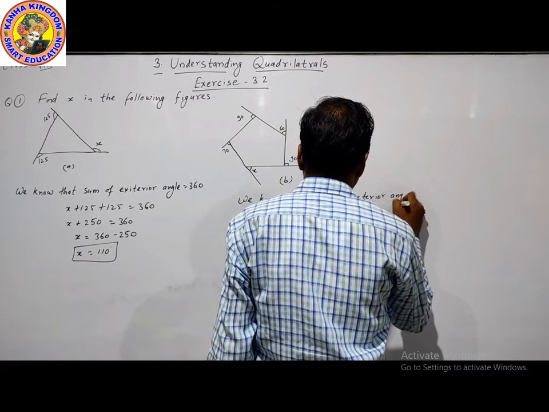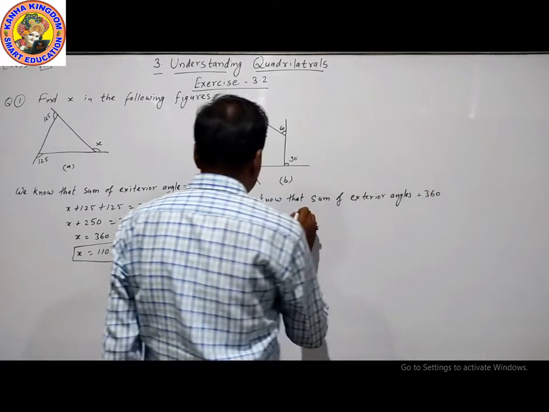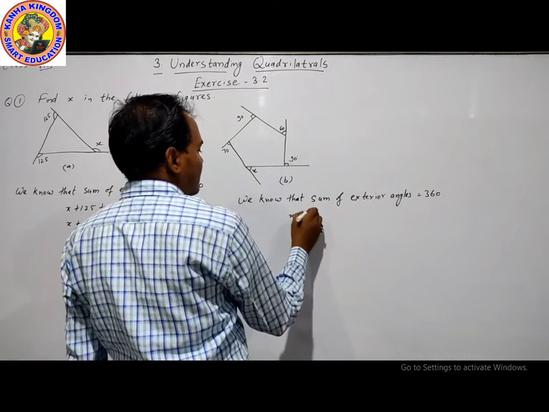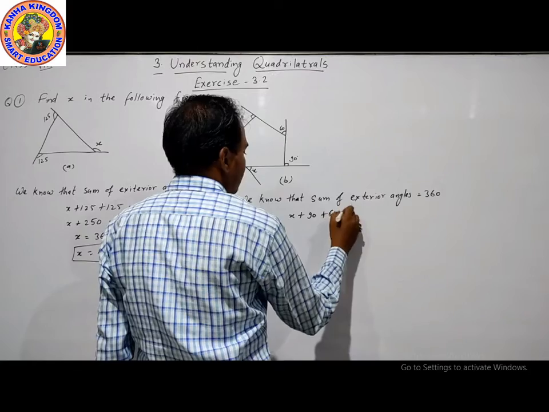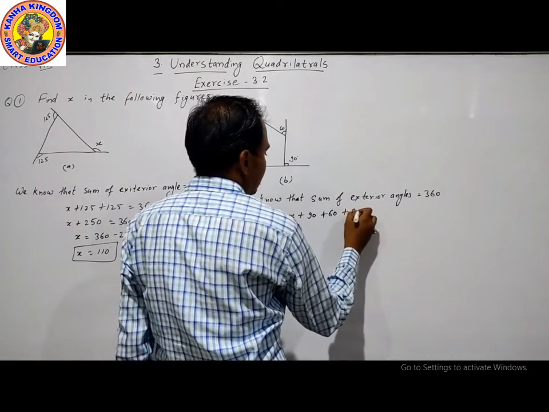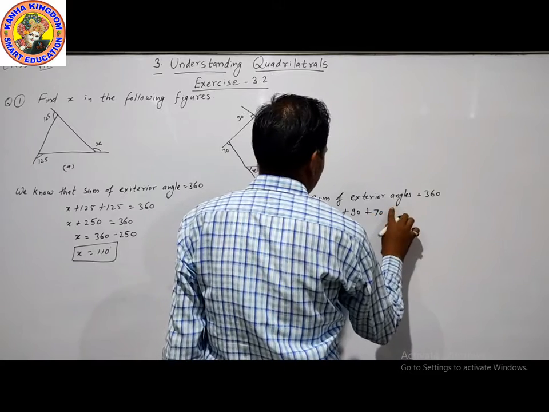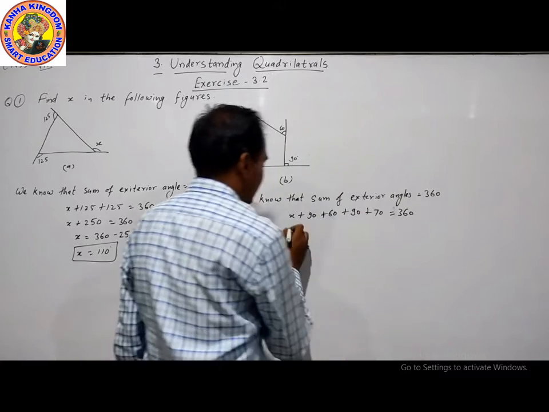exterior angles is 360. So x plus 90 plus 60 plus 90 plus 70 is equal to 360.